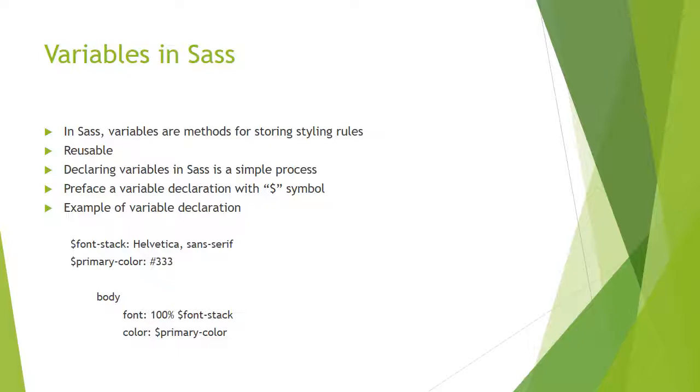So then next in this example, we have the body element, and then we have a font declaration, which we declare in an individual instance the size of the font, but we refer to the general declared rule above to set the type of font. And then we also did the color of the body font in the same manner by declaring that by referring to that previously declared variable.